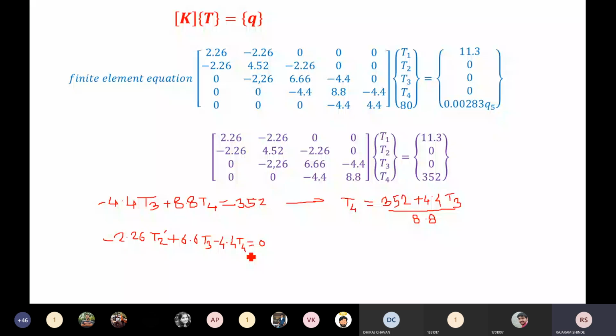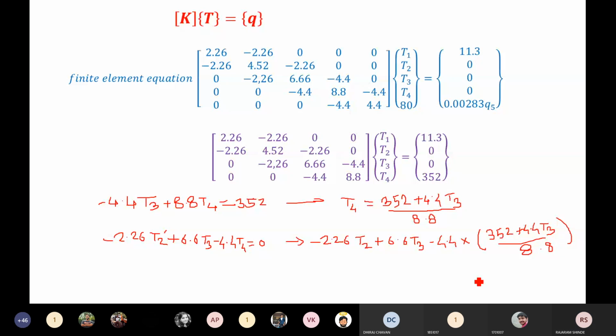Now in this equation you use this T4 here. This equation will be formed like this: minus 2.26 T2 plus 6.6 T3 minus 4.4 into 352 plus 4.4 T3 divided by 8.8.